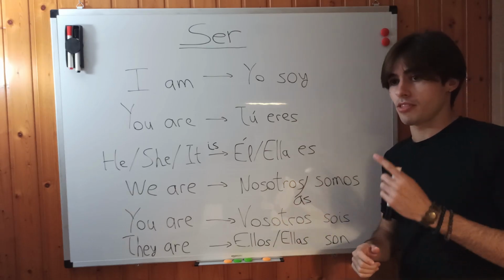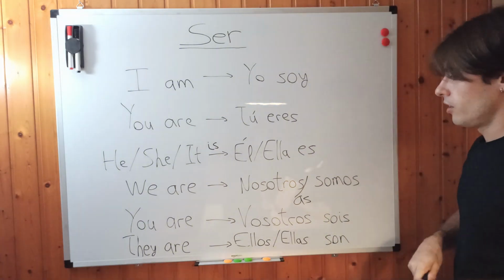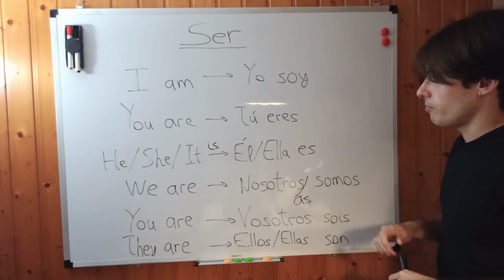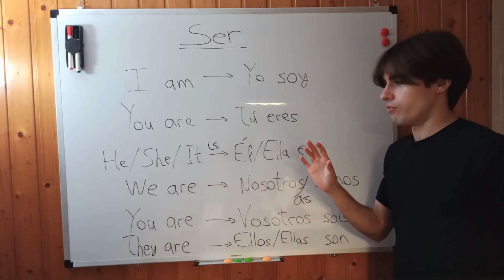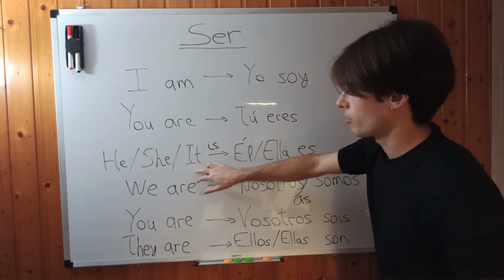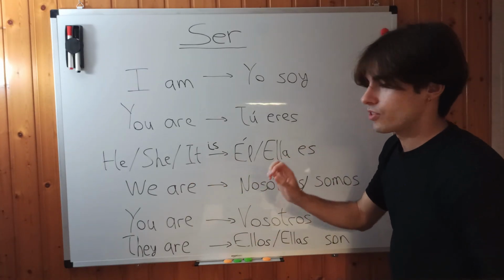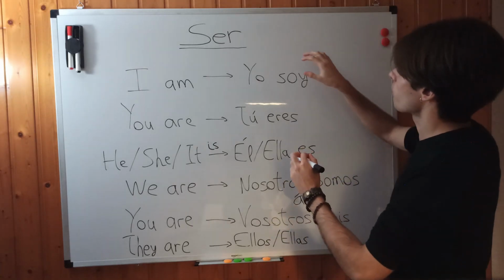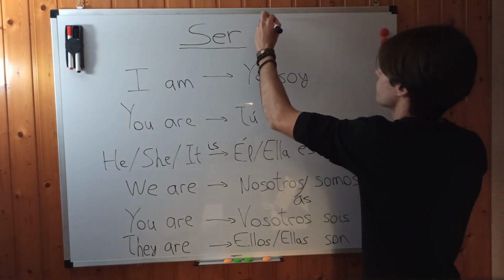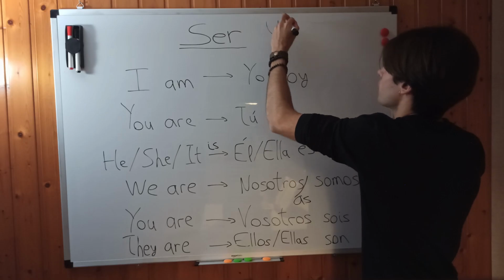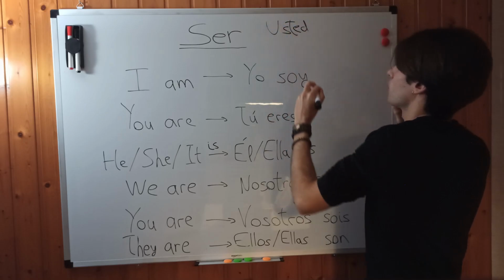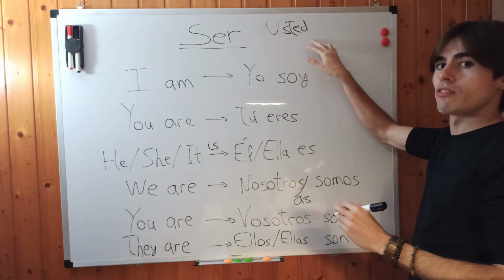And the second thing I want to point out is there is this polite way for the third form singular and plural, which is, and I'm gonna write it just here, usted, the singular form.